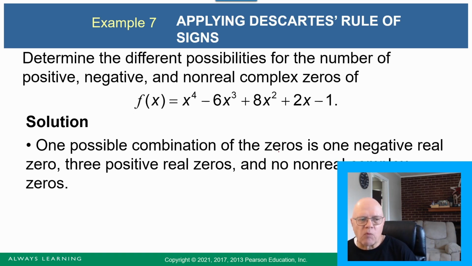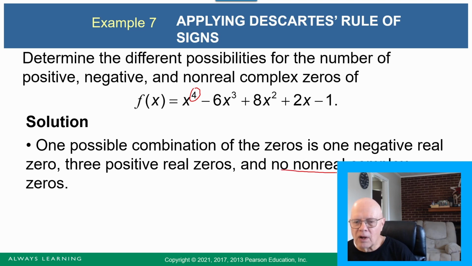So we might have 1 negative and 3 positive. And since that covers all 4, that's 3 plus 1, that's all 4. So that takes care of the 4 zeros that we expect from a 4th degree polynomial.